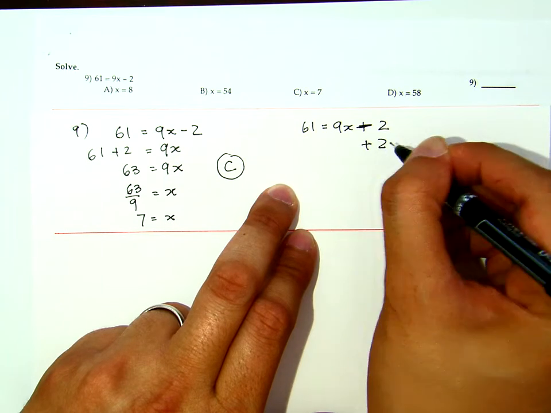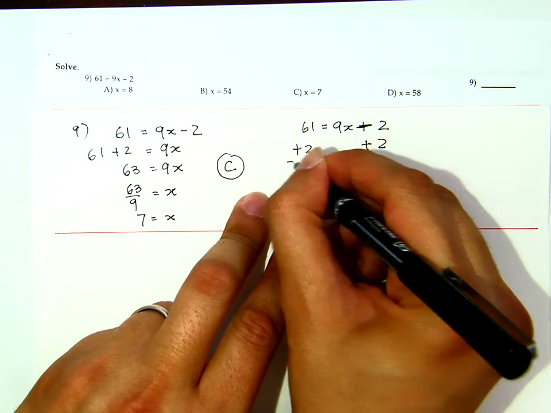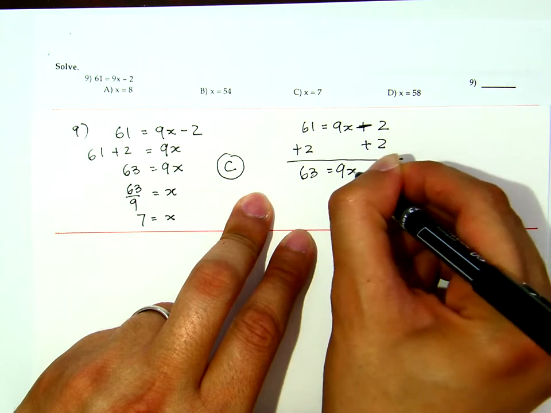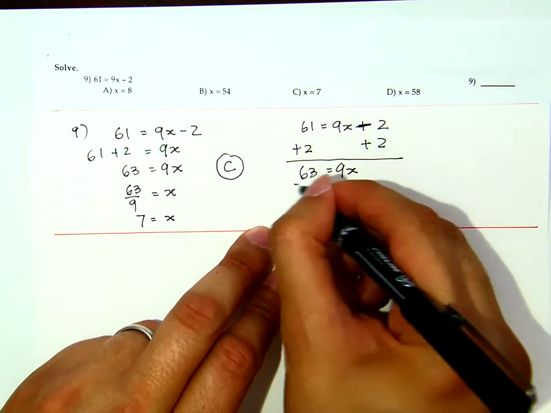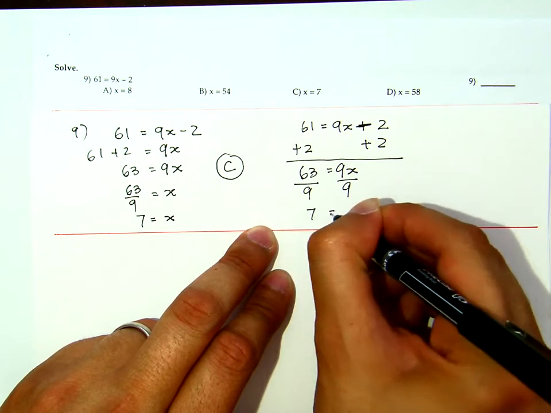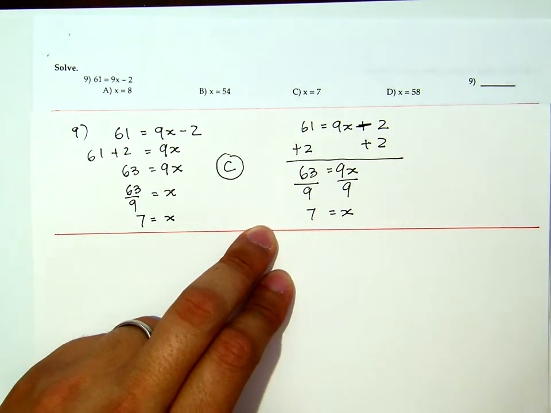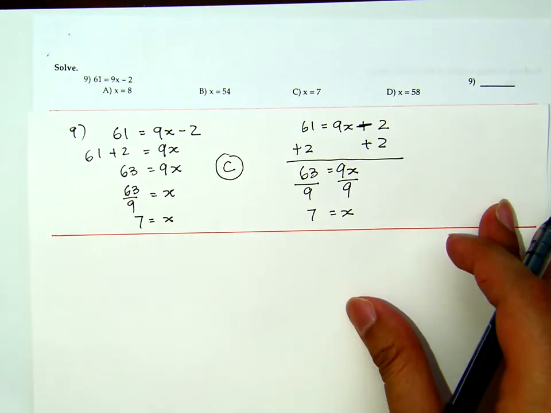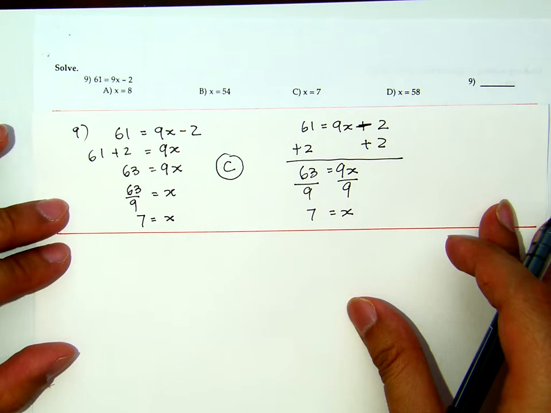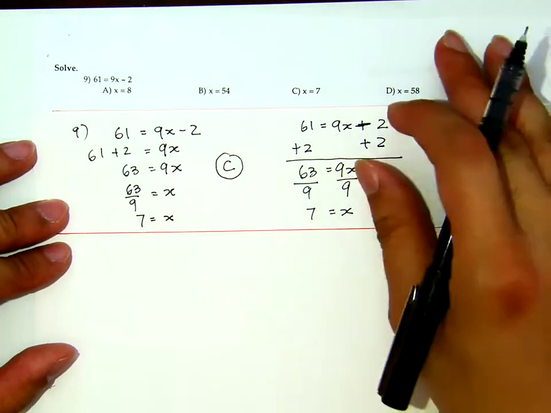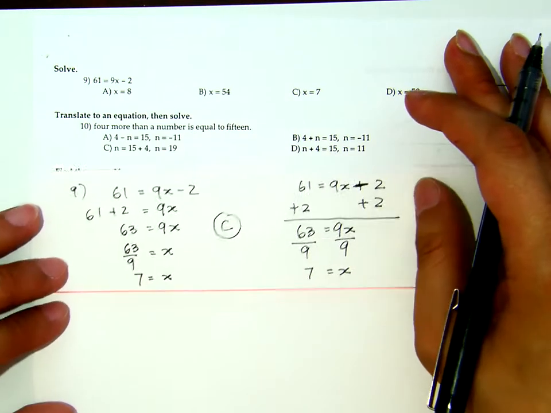To undo the subtraction by 2, you add 2 to both sides, then you get 63 equals 9x, and then you divide both sides by 9, then you get 7 equals x. Some students learn it that way. Because this is multiple choice, I show it to you anyway that it is doable that way if you like, and you still come up with the same answer. The answer is C.